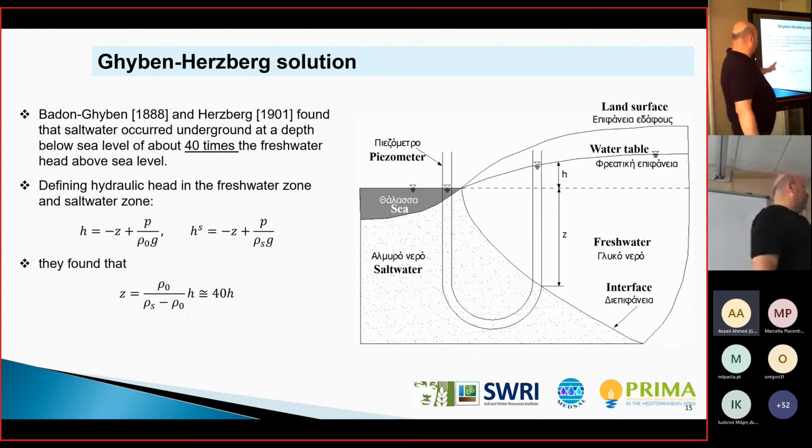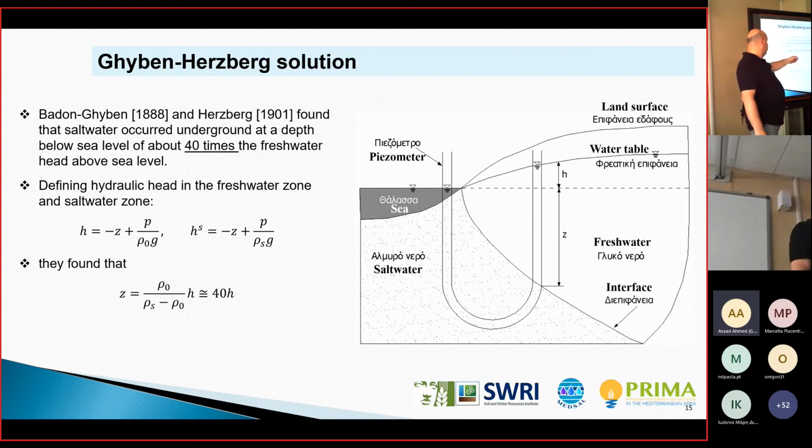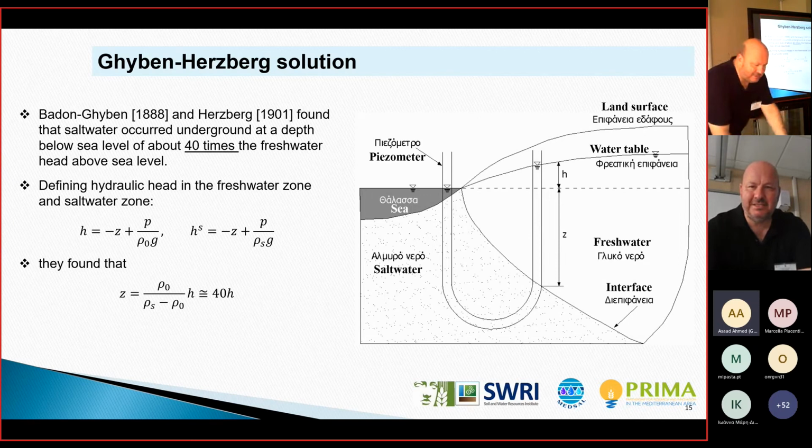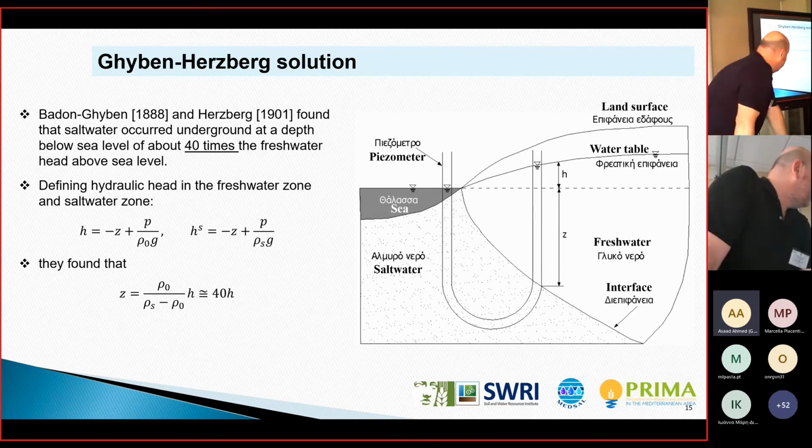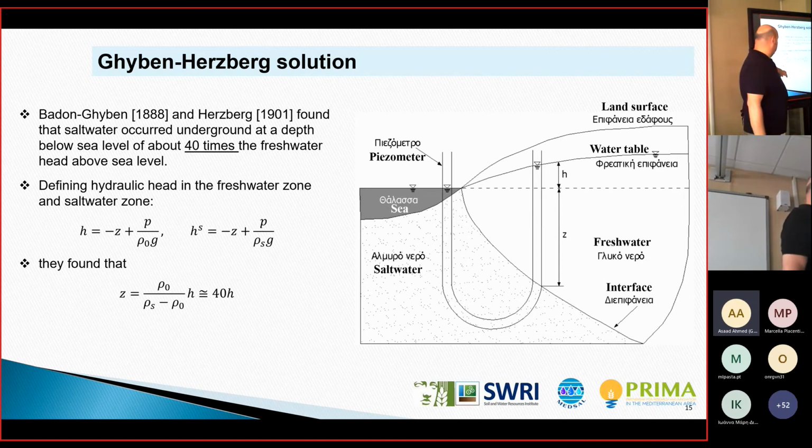First, they define the hydraulic head in the freshwater zone with this equation, and the hydraulic head in the saltwater zone with this equation, and taking the sea level as reference datum and making the mathematical calculations, they found that the location of the sharp interface, with the letter Z, is related to the freshwater head, H, above sea level, and the density of freshwater and density of saltwater.